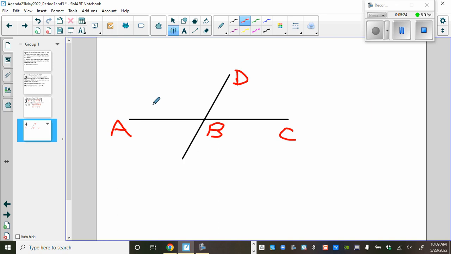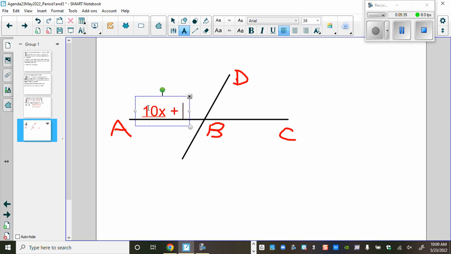I'm just going to make this up. 10x plus 7, and then 6x, say minus 19. I think that's going to work.